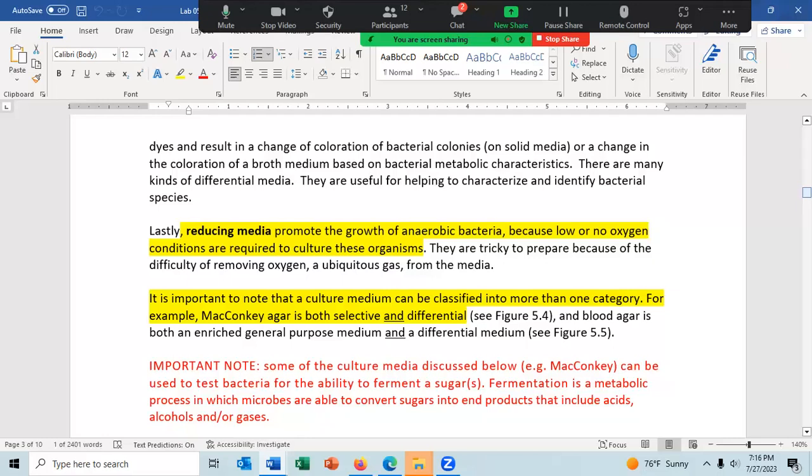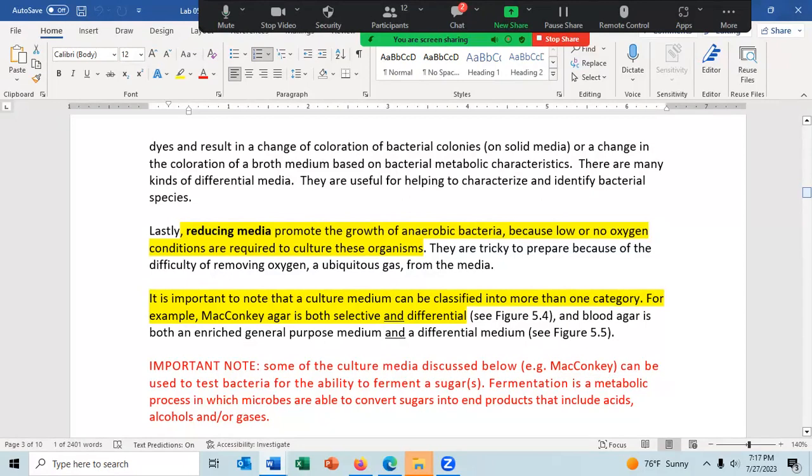All right, another media we're going to talk about is a reducing media. And this media promotes the growth of anaerobic bacteria because anaerobes require low or no oxygen in order to grow. And a thioglycolate media would be an example of a reducing media.